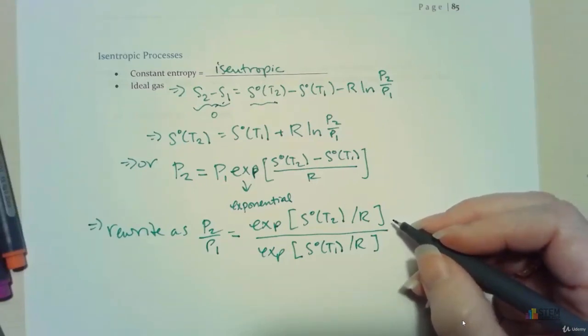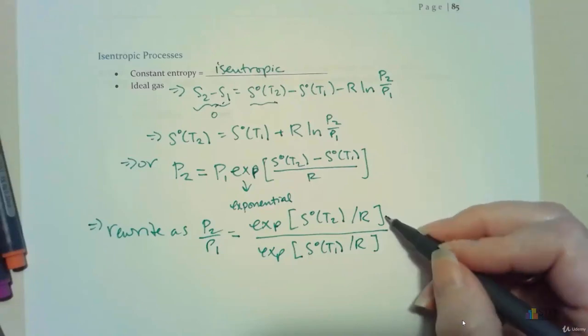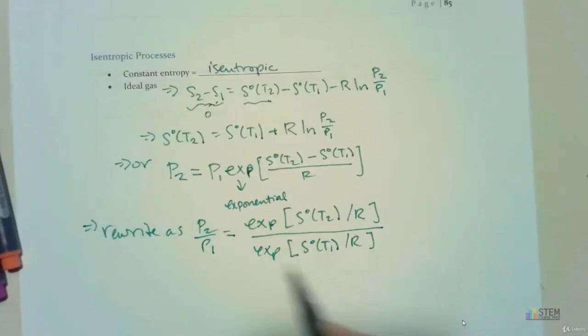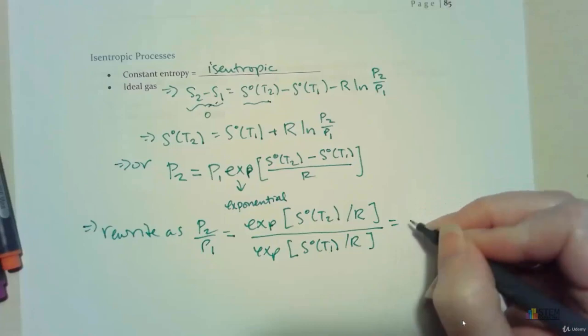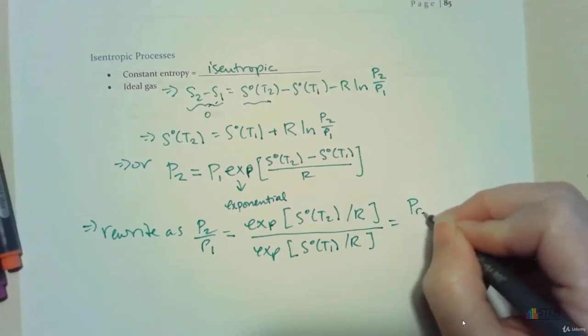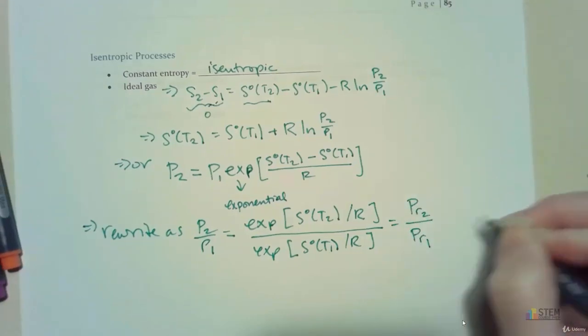Okay. Now there are variable names for these things. We're going to say that this is equal to PR2 over PR1.